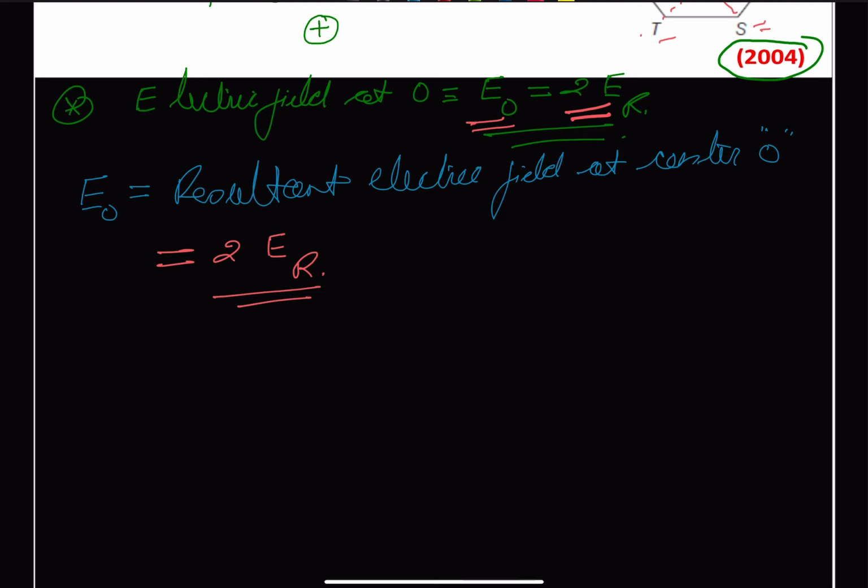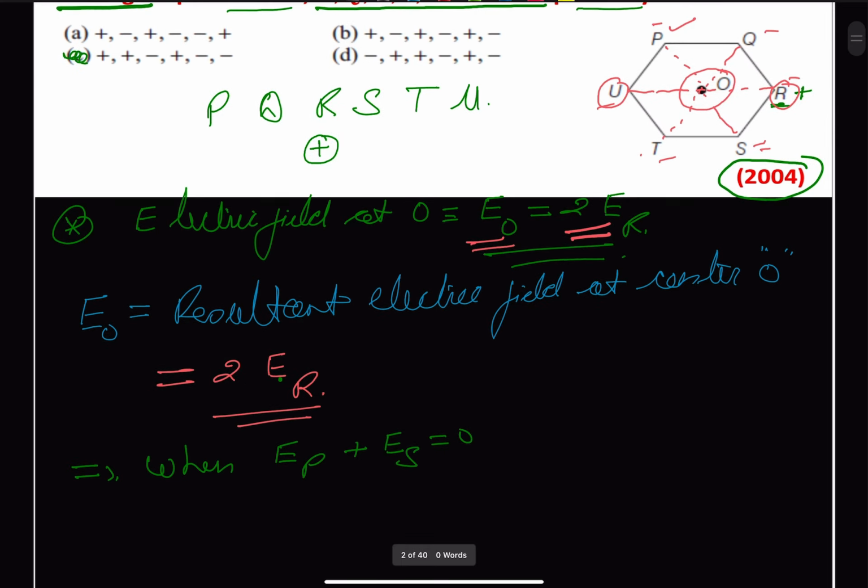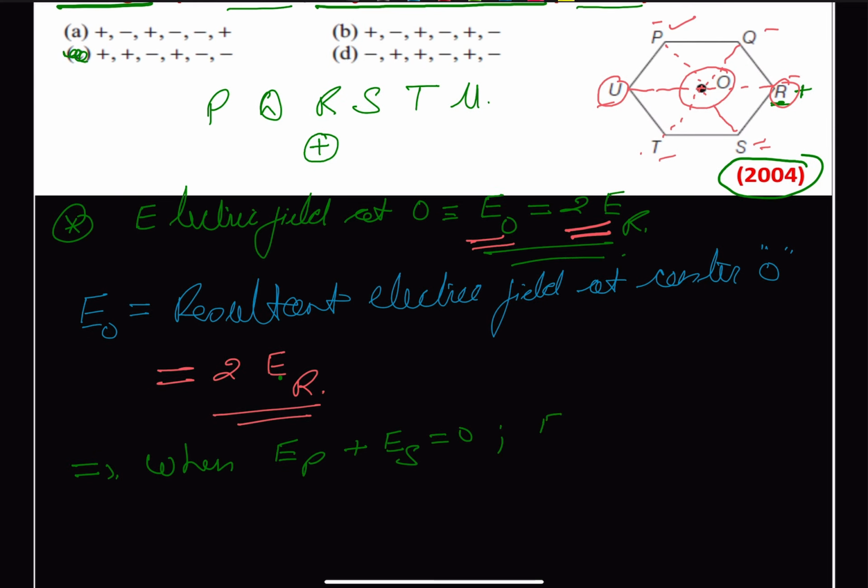So we can write that if we want the resultant electric field should be equal to twice multiplied by the electric field at point R. This is only possible when our electric field at P plus electric field at S is equal to 0, and secondly electric field at T plus electric field at Q should be also equal to 0. And we want that the electric field at O should be equal to 2 times ER.